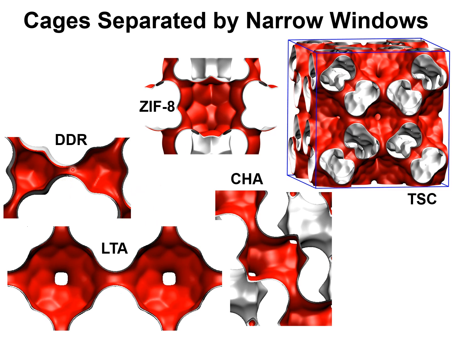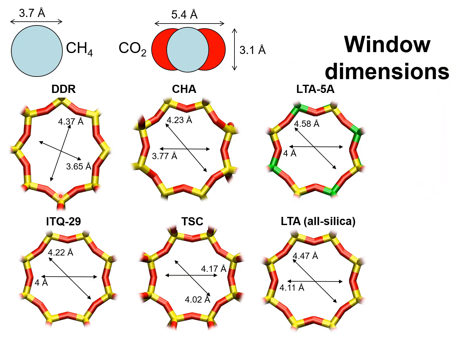Let's look at the window dimensions in more detail. I show here the dimensions of the window aperture for DDR zeolite, Chabazite, LTA 5A zeolite, ITQ29, TSC zeolite, and all silica LTA. We note that in nearly all cases, the windows are not precisely spherical. For example, DDR, the smallest dimension is 3.65 angstrom.